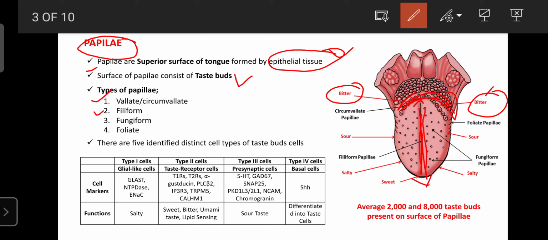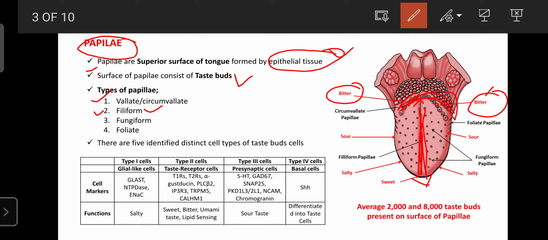These filiform papillae do not contain any taste buds, so they are not involved in the detection of taste, but they are involved in the mechanical digestion of food.